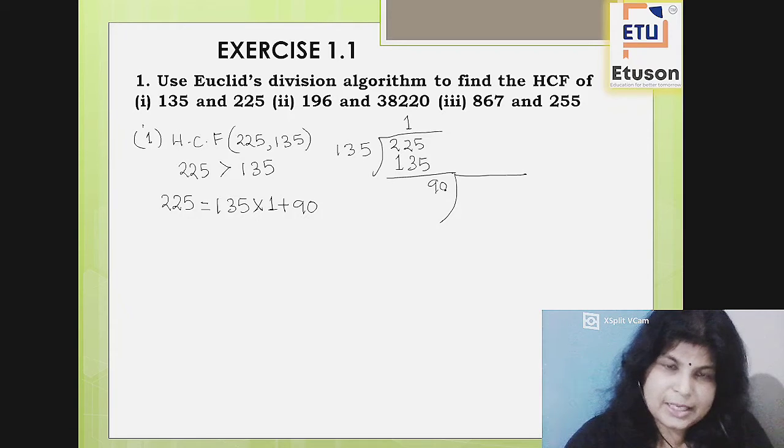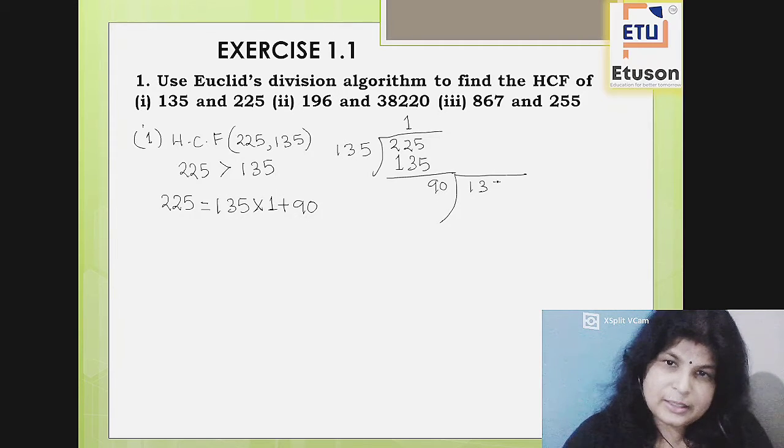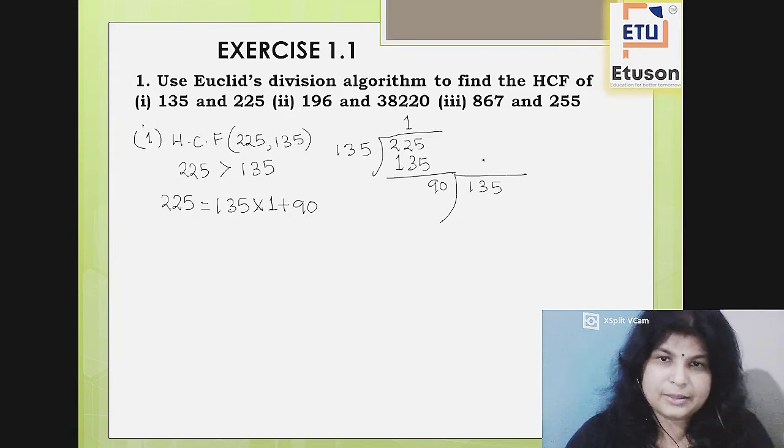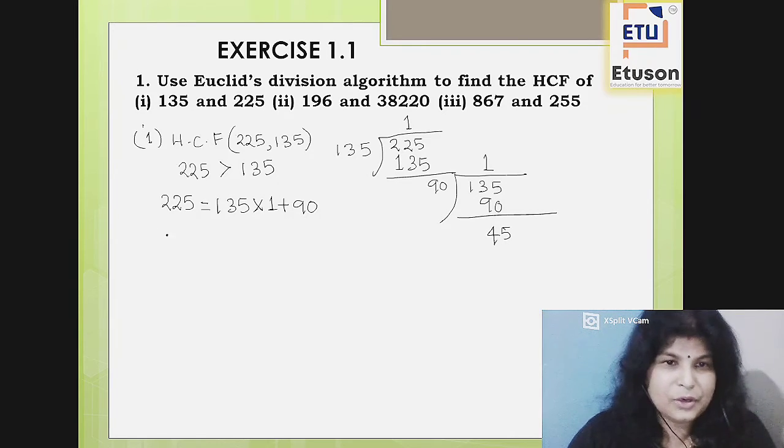In the next step, your 90 becomes the divisor and 135 becomes the dividend. So you write it here. Here 135, you write 90 here, and the remainder is 45. Again the remainder is not equal to 0.